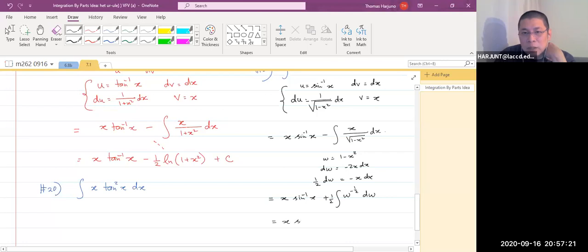It's x sine inverse x plus w to the power of 1/2 plus constant. Substitute the w. That's square root of 1 minus x squared plus constant.